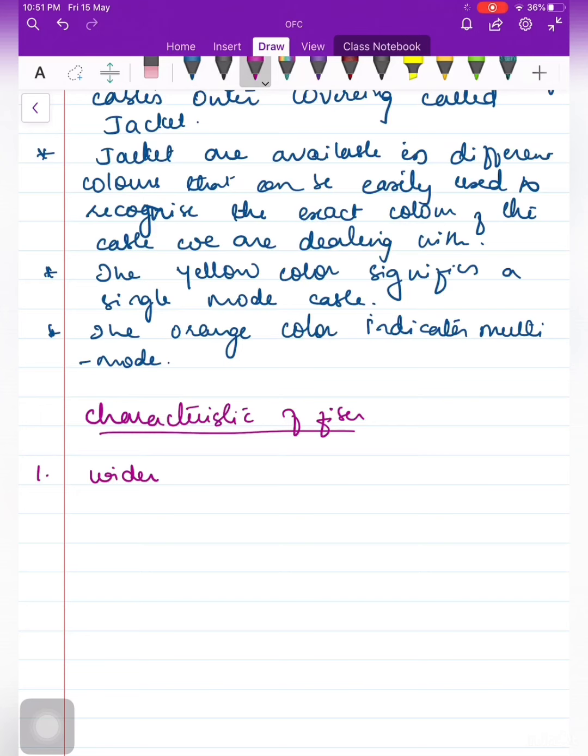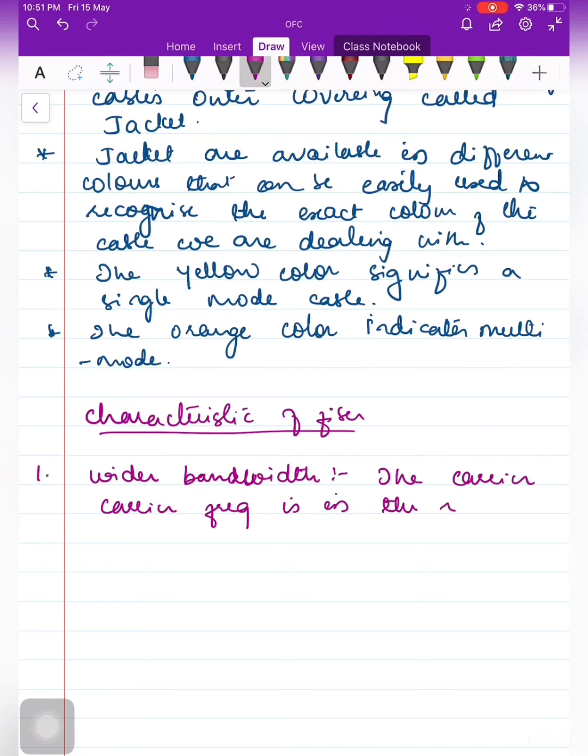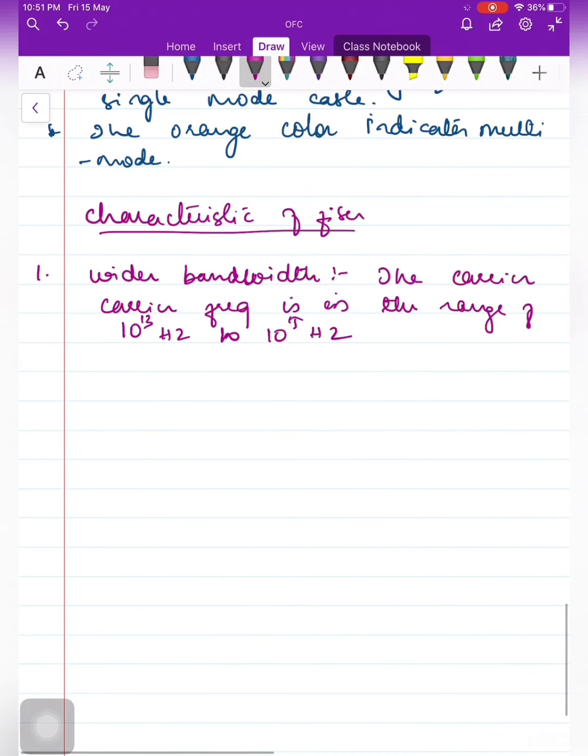So the fiber should have a wider bandwidth. Clear? Yes. See, the optical carrier frequency is in the range of 10 raised to 13 hertz to 10 raised to 15 hertz. So this is one of the characteristics, and this is where the bandwidth ranges.